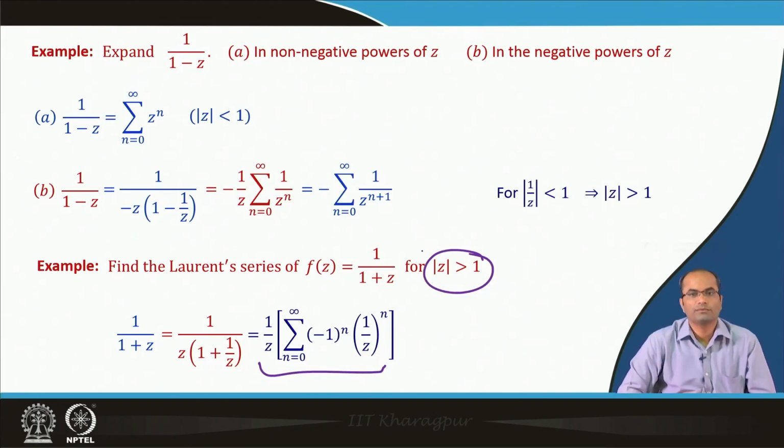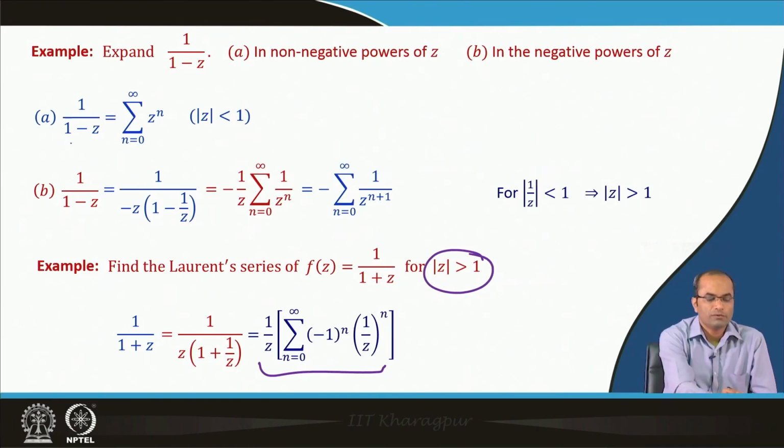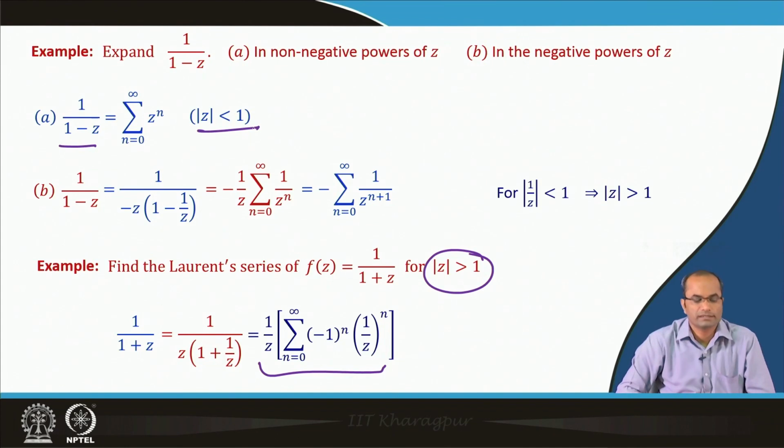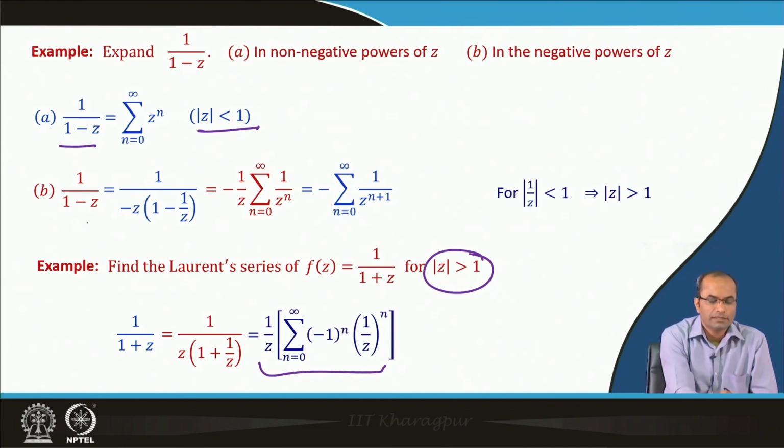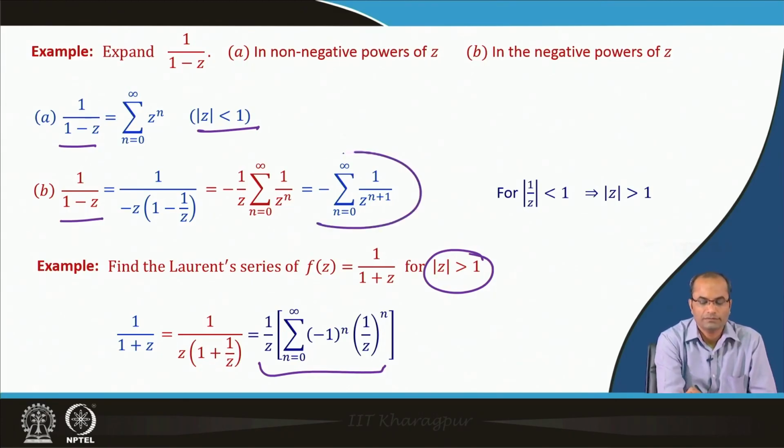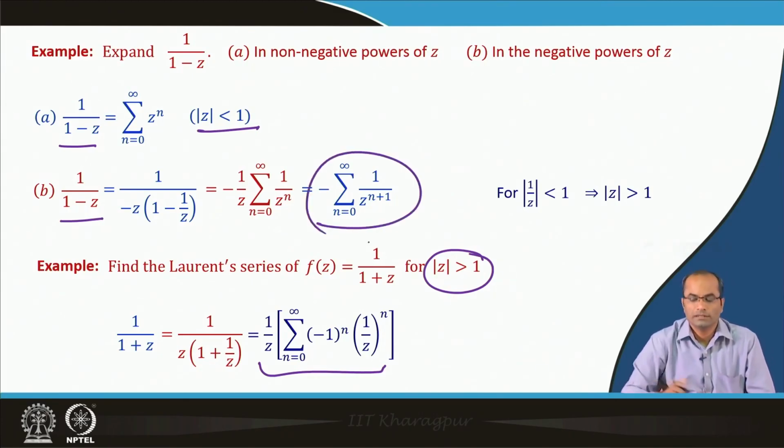So, what we have observed now, we have basically the 4 expansions. One is for 1 over 1 minus z, valid for mod z less than 1. We have another expansion for 1 over 1 minus z, which is given here by this series, but the validity is mod z greater than 1.